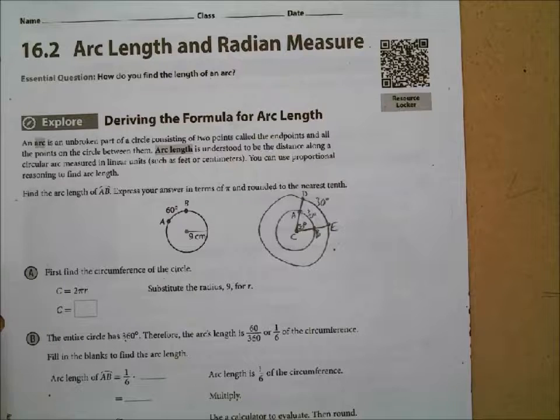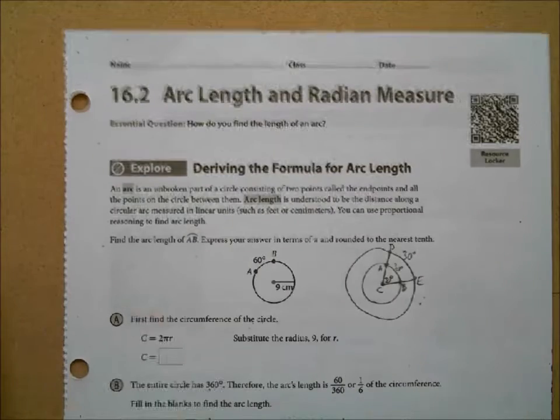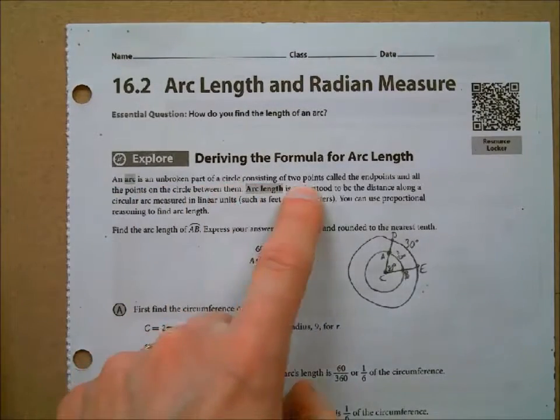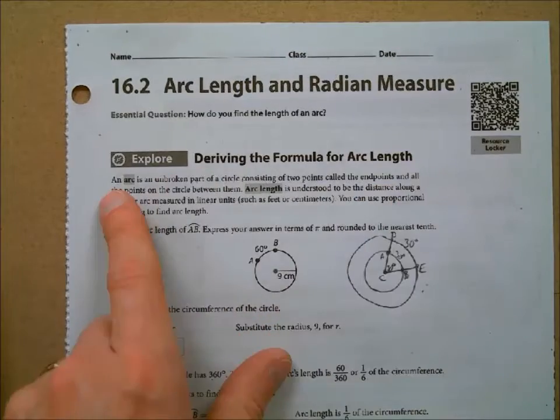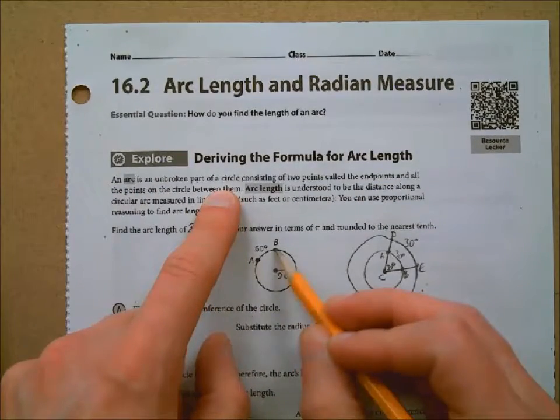And that's what we're going to talk about today: arc length, finding the actual distance along a circular arc. We already know an arc is an unbroken part of a circle consisting of two points called the endpoints and all the points on the circle between them. So A and B are the endpoints of this minor arc.